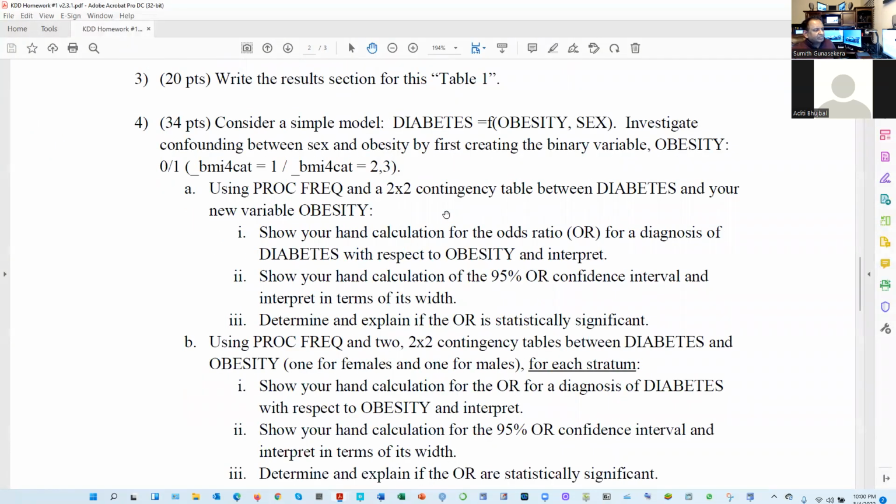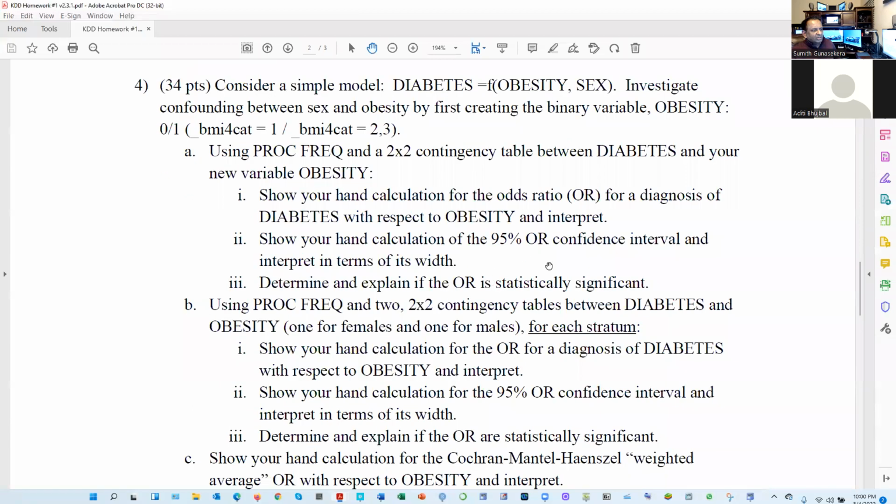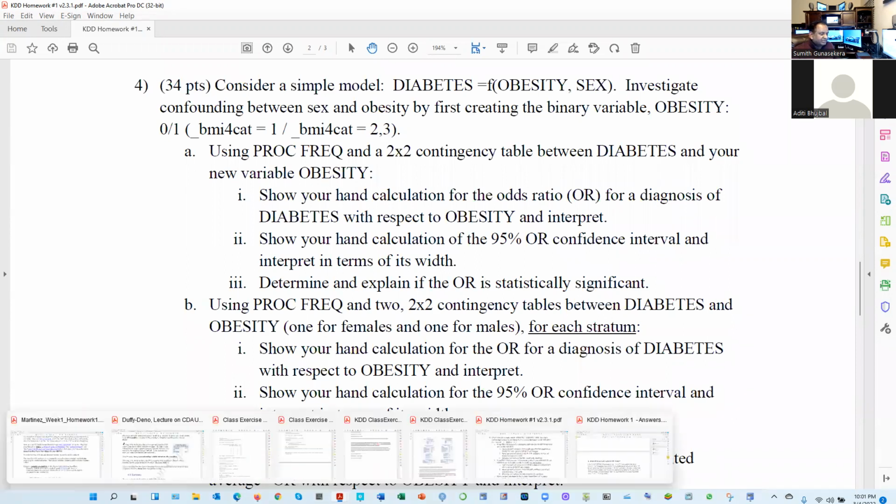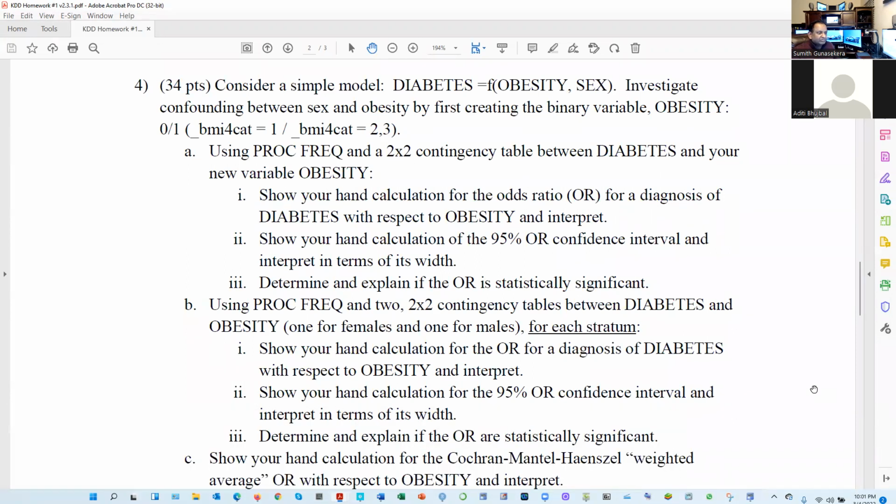And the OR confidence interval, you know how to do. Determine and explain if the OR is statistically significant. How are you going to figure out whether the OR is statistically significant? The statistical significance comes when you run the test for OR.